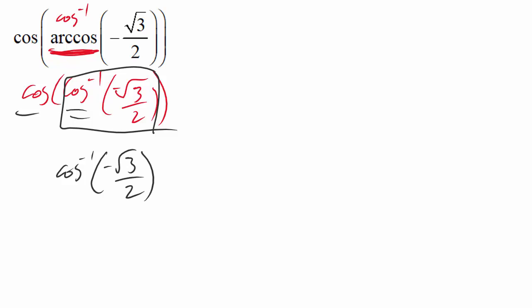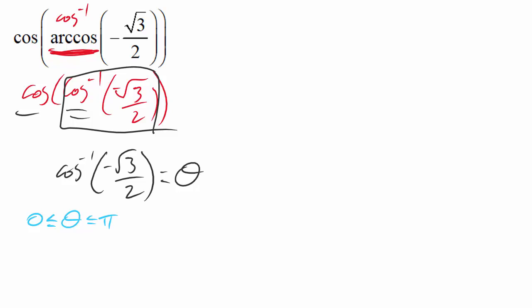Now remember, the answer for an inverse cosine is going to be an angle theta, and for inverse cosine, our answers for theta have got to be in quadrants 1 or 2, meaning they're between the values of 0 and pi.